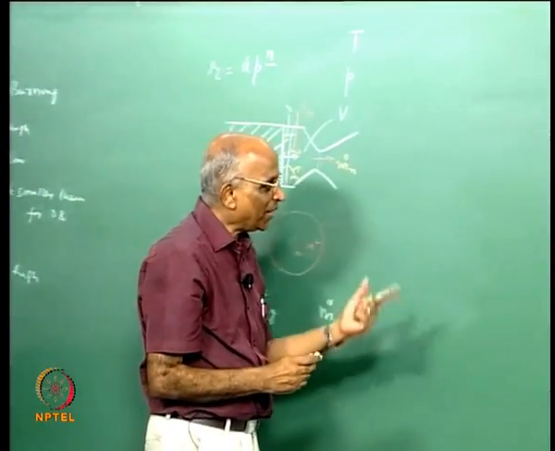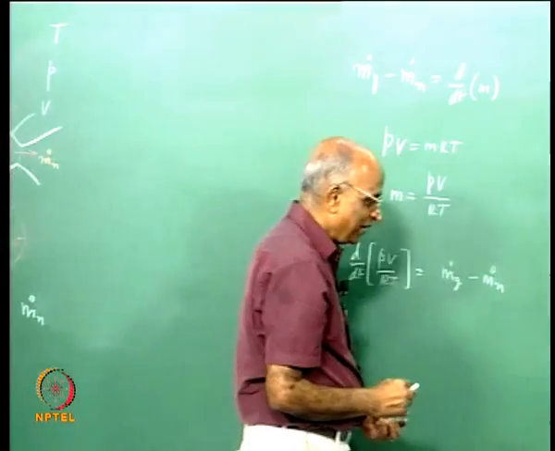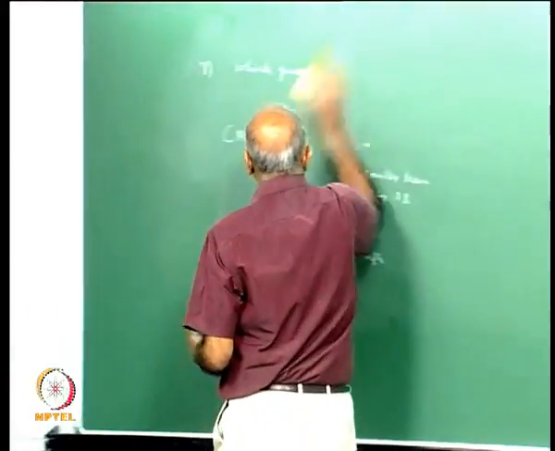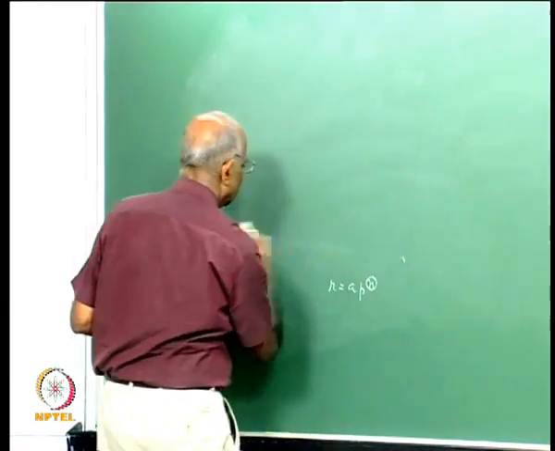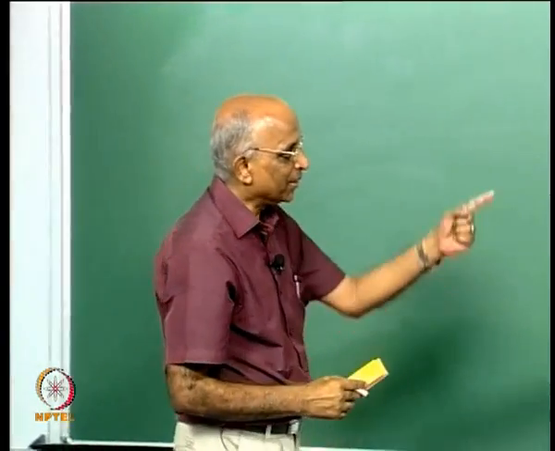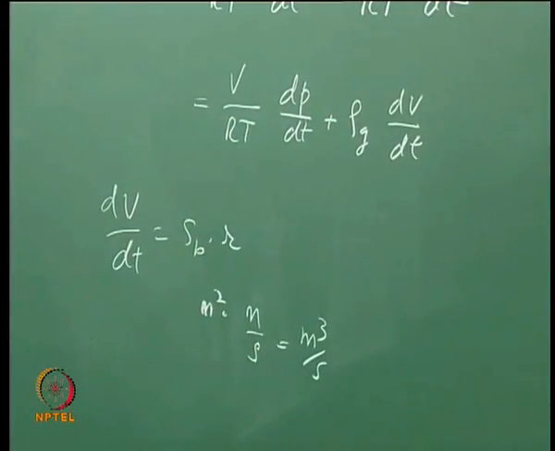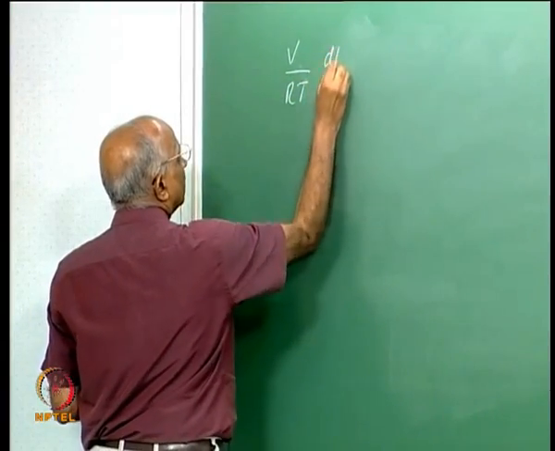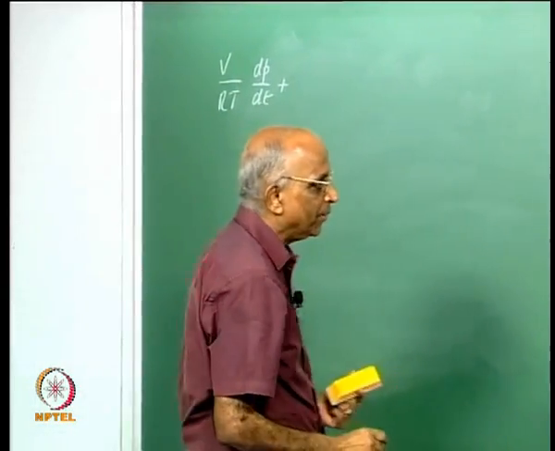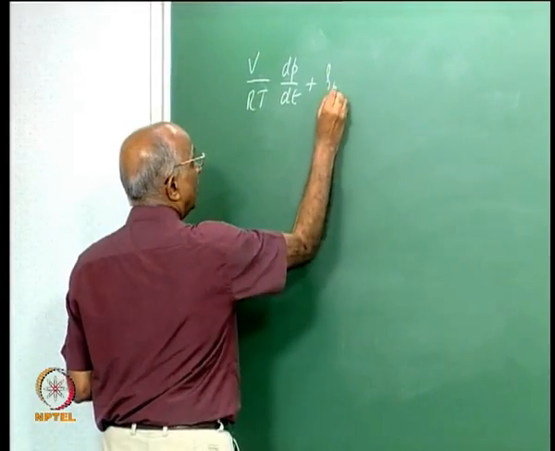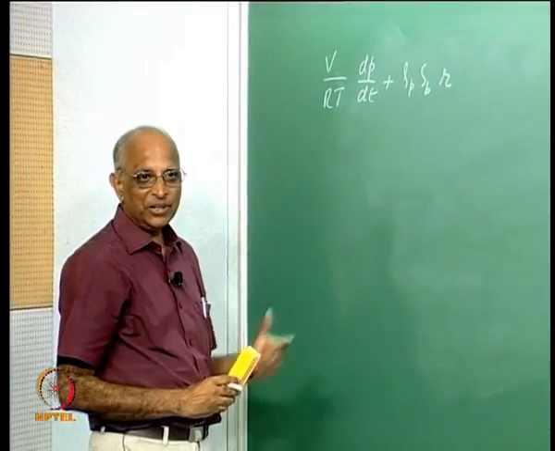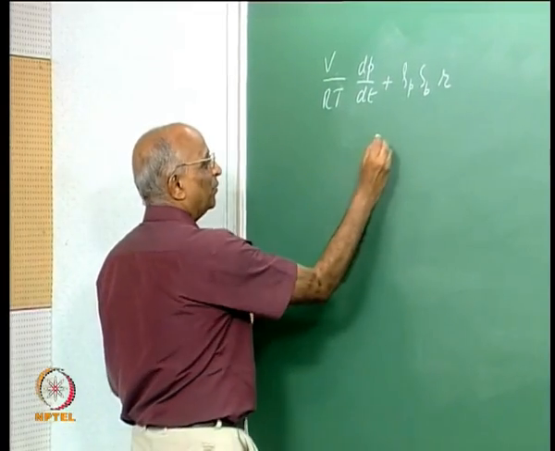Okay. Therefore, now I can rewrite the equation in a controllable manner: V by RT into dP by dt plus rho into dV by dt, which is equal to rho into burning surface area into propellant burn rate. Let us make sure it is correct, is equal to what?